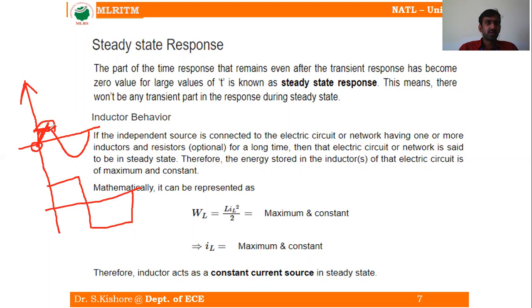If you consider a pulse signal changing from the high state to the low state, we have a short spell of time over here. The short spell of time required to switch the response of the circuit from one state to the other is nothing but your transient time.